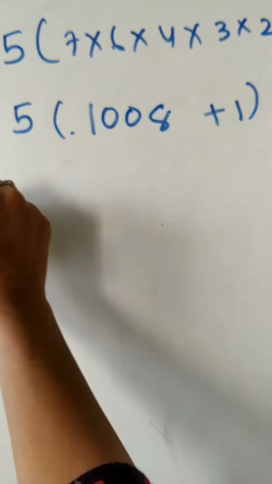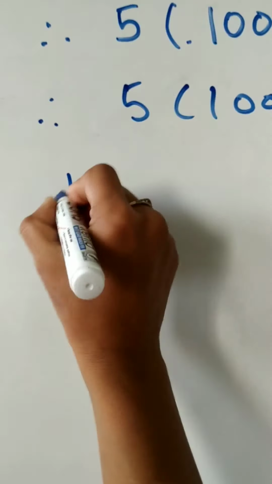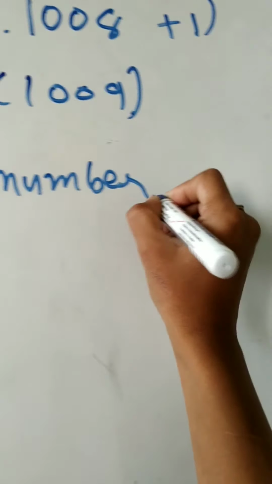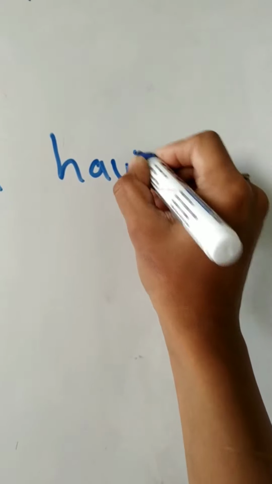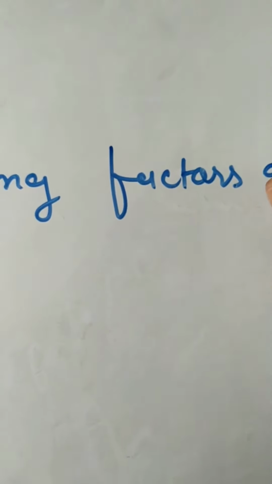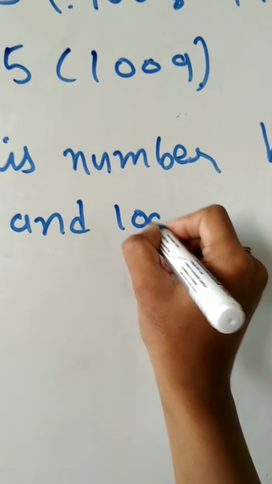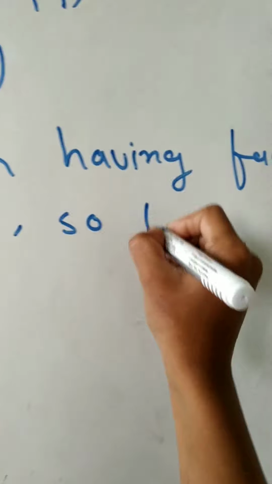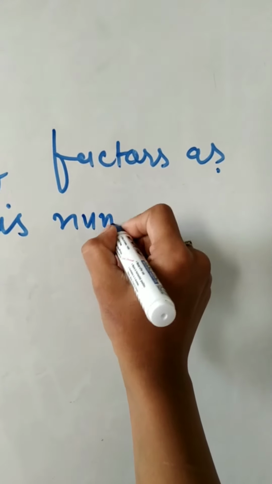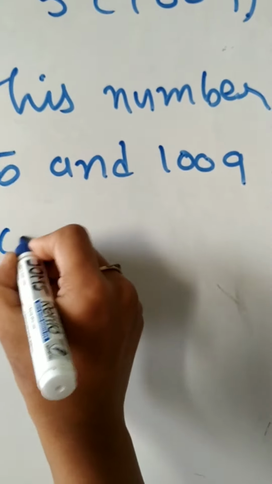So we have 5 into 1009, and this number has factors 5 and 1009. So this number is a composite number.